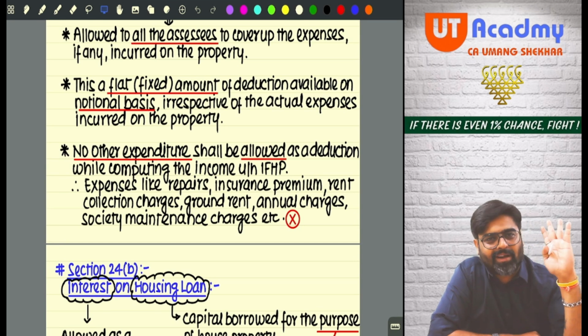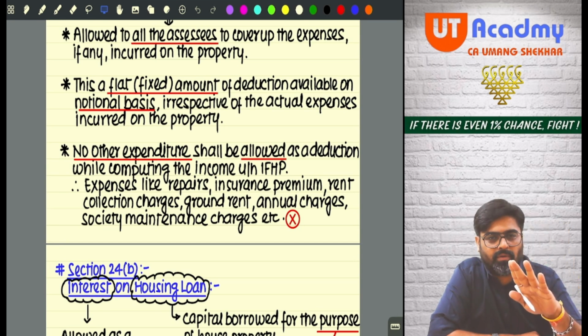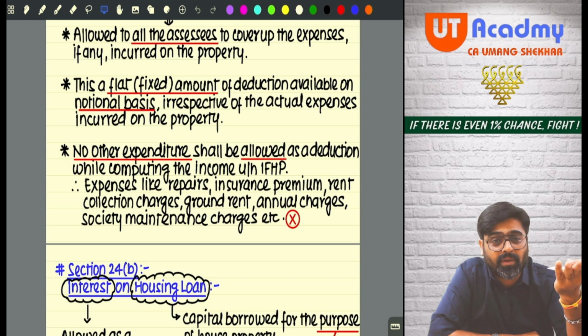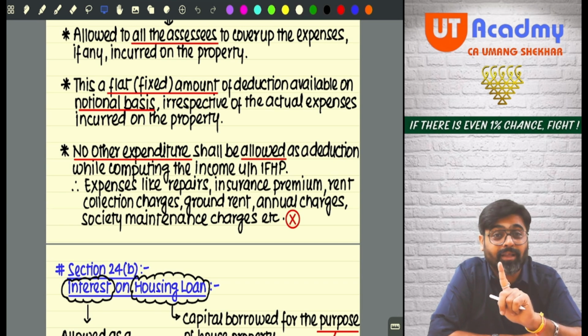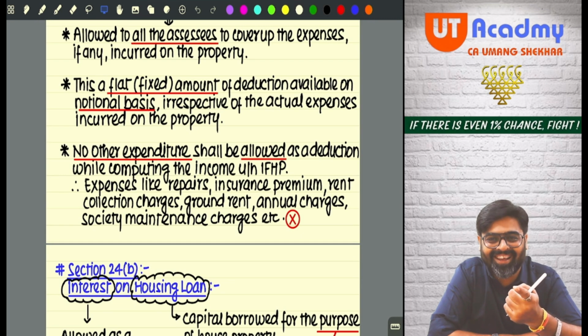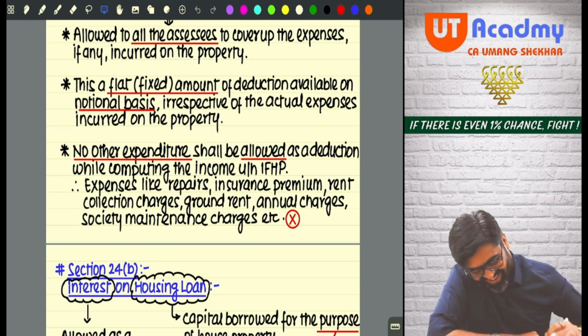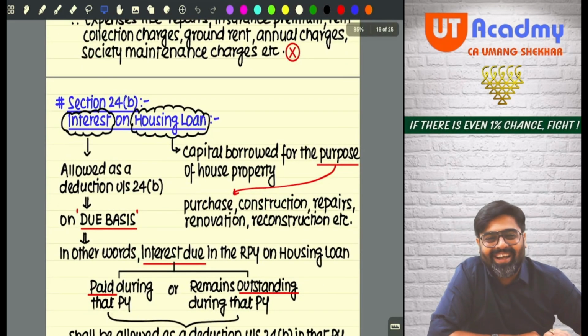And the moment we start solving the questions, you'll come to know that this chapter actually is not easy, it is made easy. Understanding? Okay, now let's come to the interest deduction.